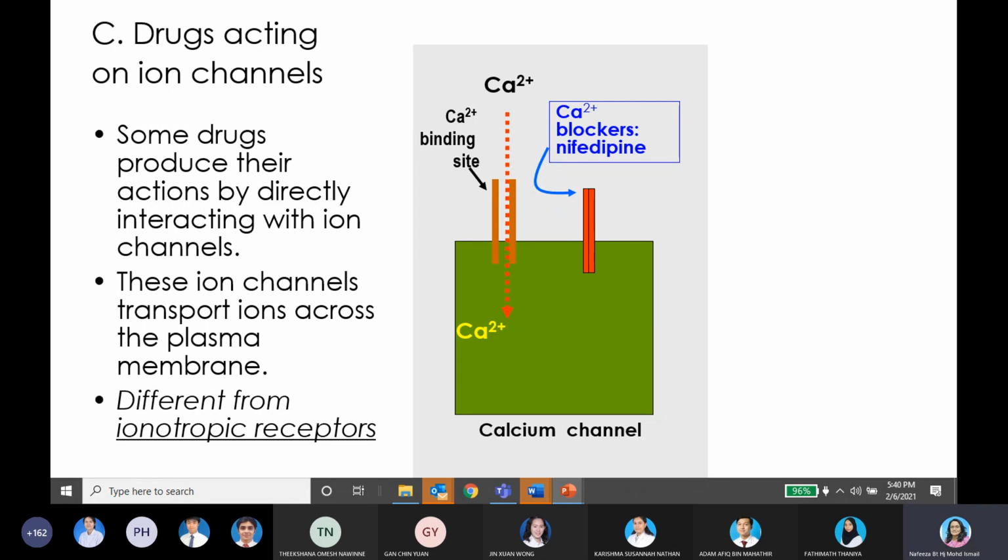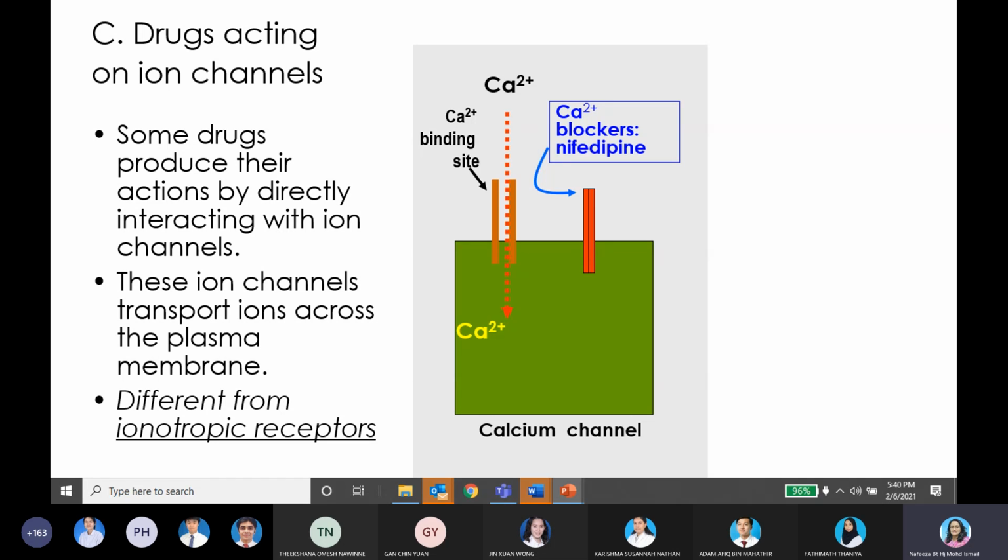And what do you think happens then when there's vasodilation? Come on, guys. Blood pressure drops. Exactly. That's exactly what nifedipine does. Nifedipine, diltiazem, verapamil, amlodipine, they're all calcium blockers, and they're used very, very widely in the clinical setting.